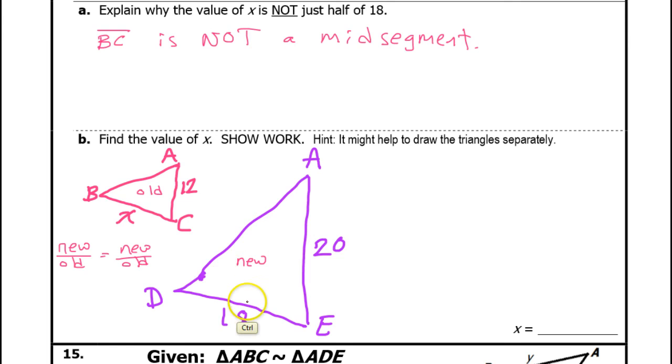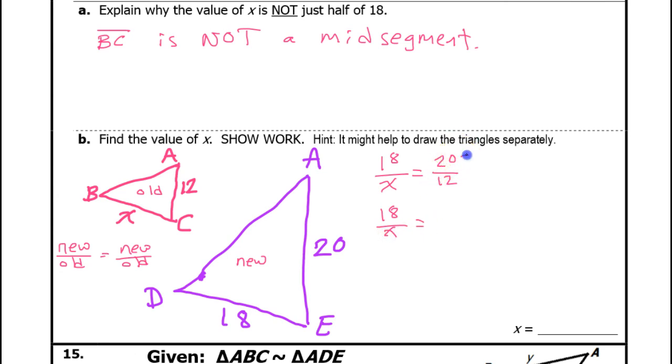So new over old would be 18 over x equals another new over old, so that would be 20 over 12, corresponding sides. This will reduce, of course.